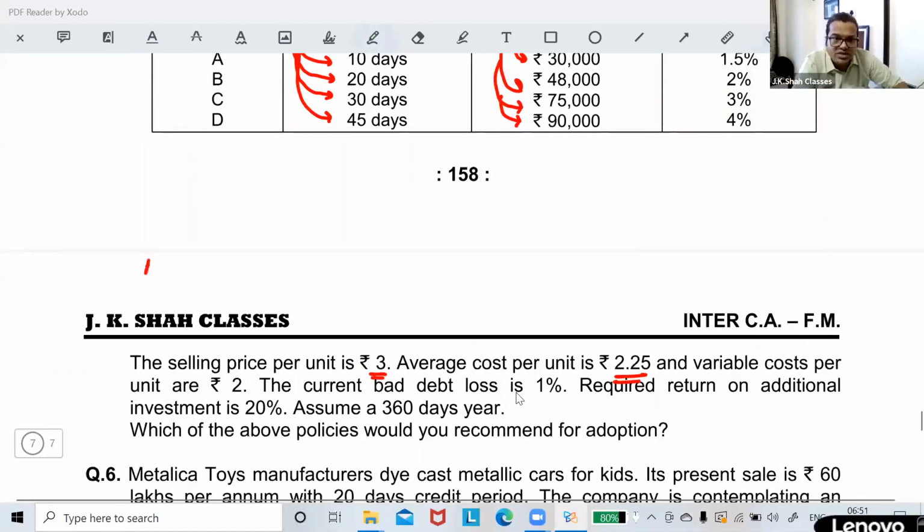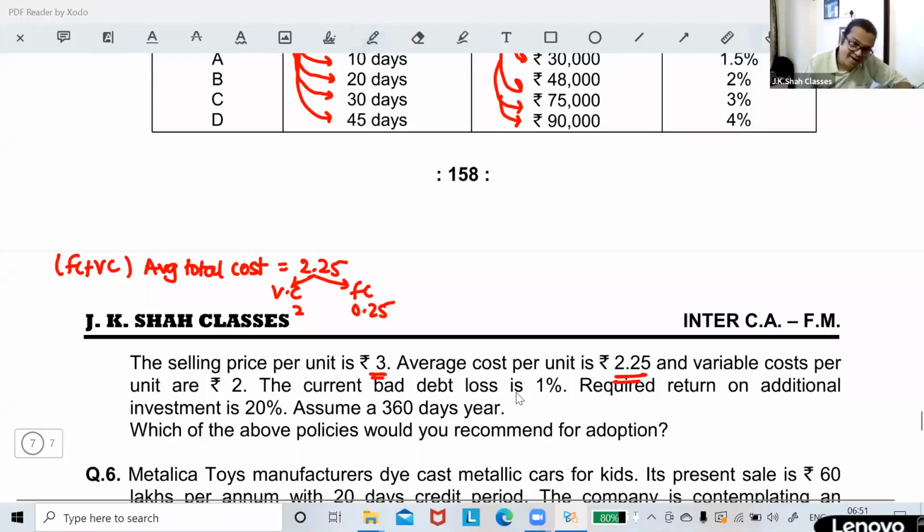That means average total cost is 2.25, and I always say that this is fixed cost plus variable cost. Now, out of this, how much is the variable cost? The variable cost is 2 rupees. Then fixed cost is 0.25 at the current level, right? What is the selling price given? Selling price is given 3 rupees.